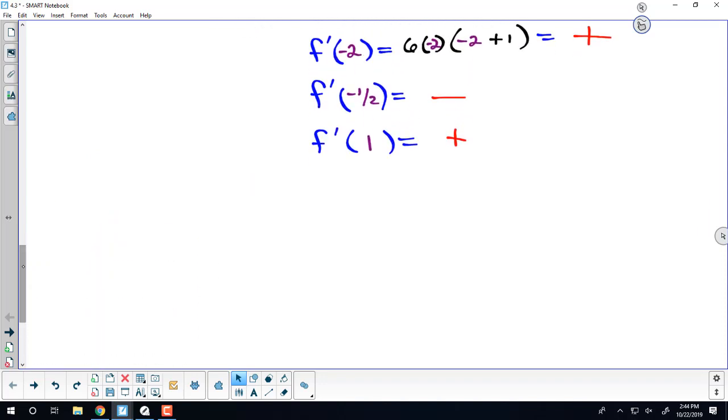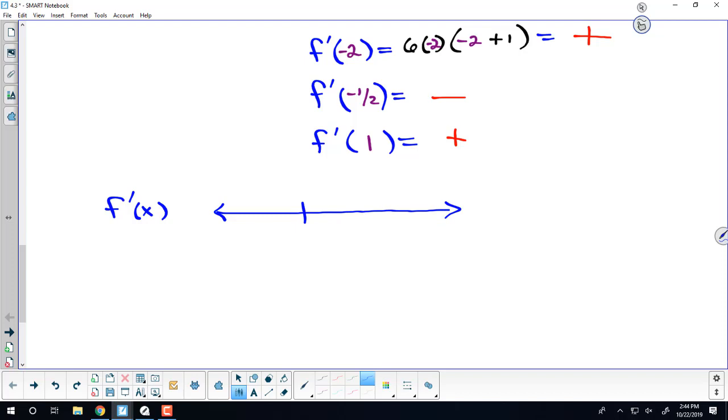And I'm just going to rewrite what we had here, just so we can look at the direct connection. So our f prime situation was this. And so what that tells us about the function itself, again, if the first derivative is positive, then on that interval your function is increasing.